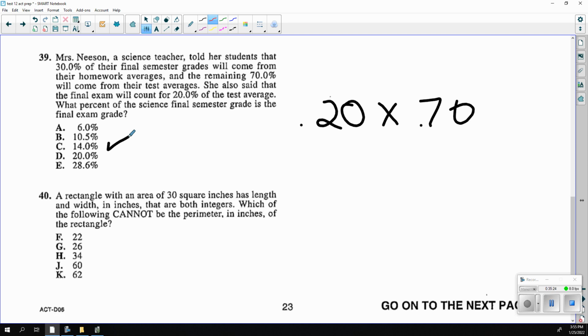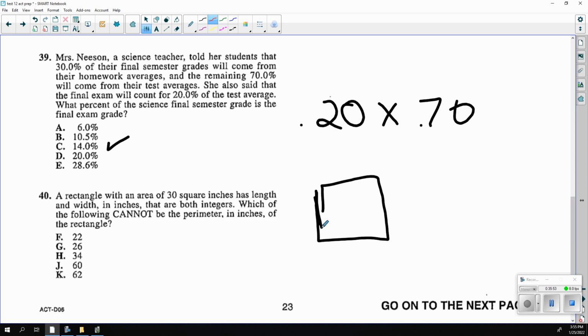A rectangle with an area of 30 has a length and width that are both integers. So what cannot be the perimeter of the rectangle? So this is a little peculiar.